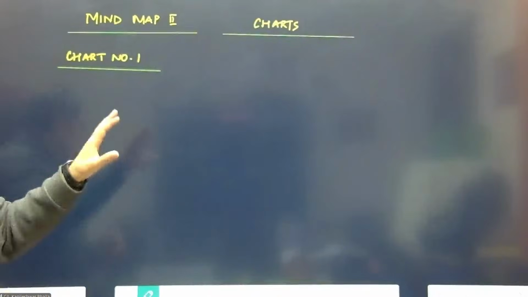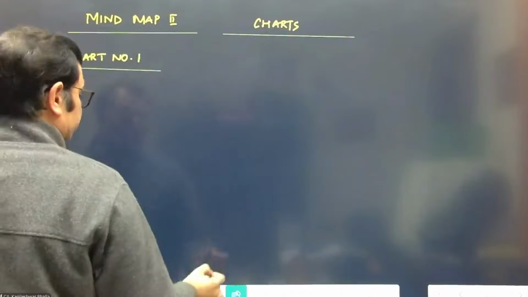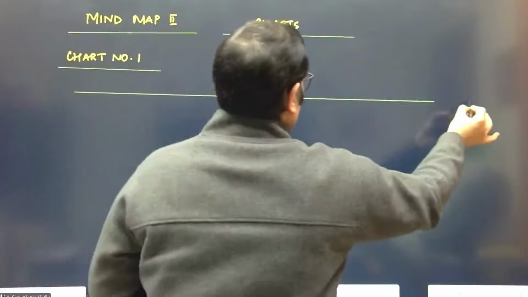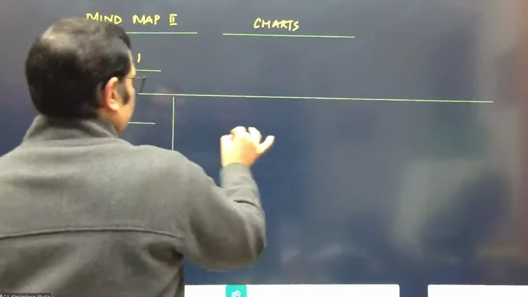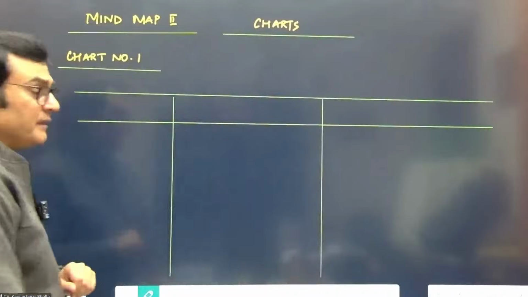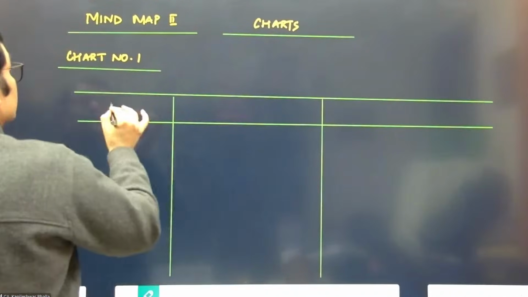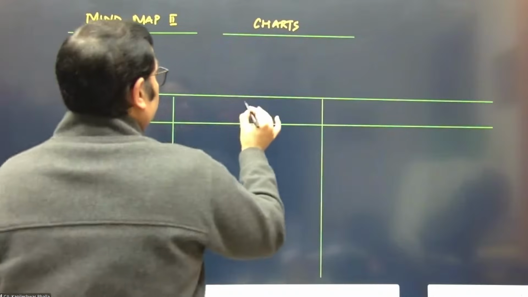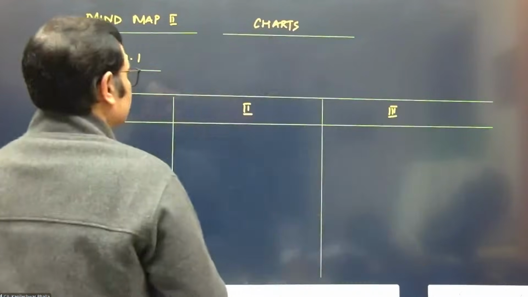Okay, so let's make the chart number 1. And this is with reference to equity. So we're going to make this chart in terms of equity, step 1, step 2, and step 3. So this is my step number 1, this is my step number 2, and this is my step number 3.